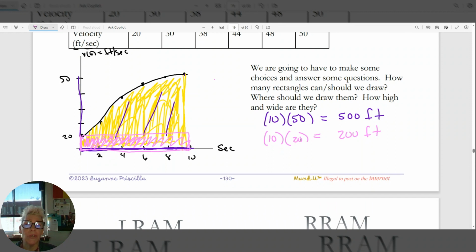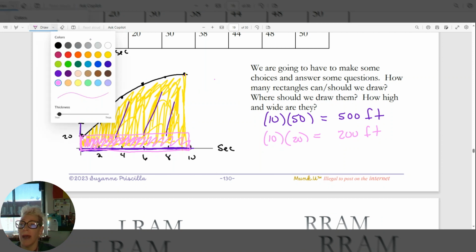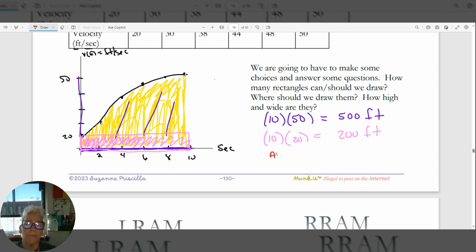So what might we do in order to come up with a better estimate of how many feet we've actually gone? Well, maybe some of you will be thinking, well, 500 is definitely too much. 200 is too little. Let me average those two values. And that's a brilliant idea if you thought of it. So we didn't go 500 feet, but didn't go more than 500.